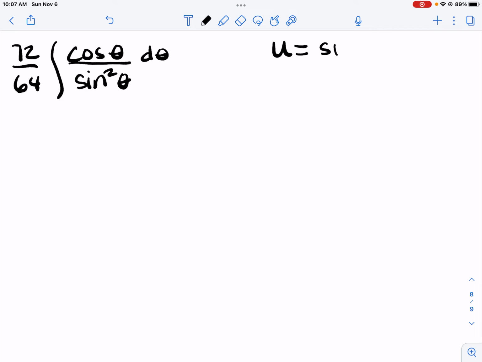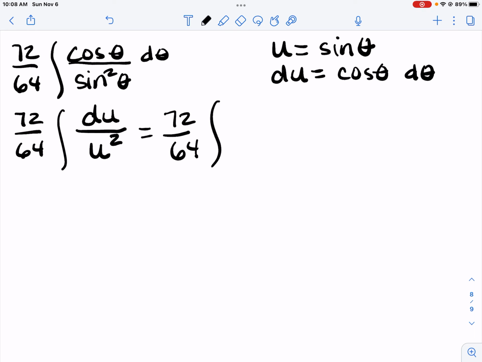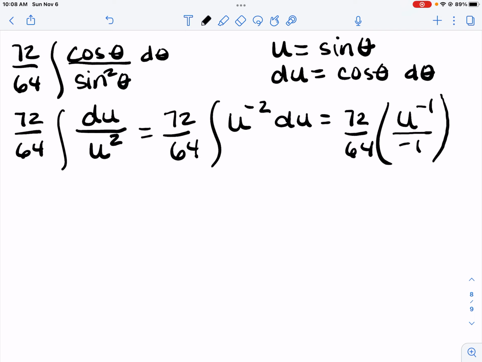So if u is the sine, du is the cosine, so now du can go in the place of cosine. Sine is u, so it's u squared. So this is u to the negative 2 du, which we can add 1 and divide by it.